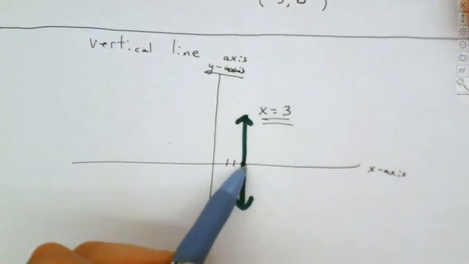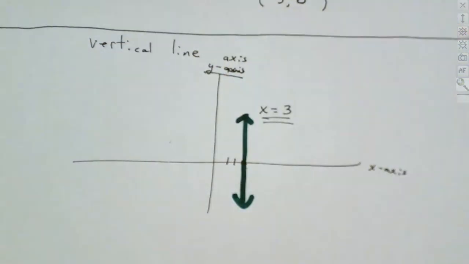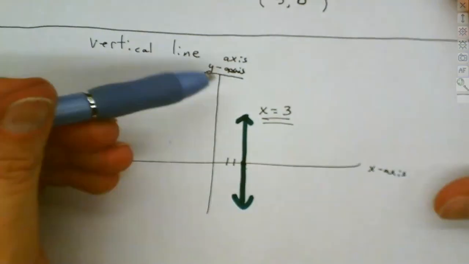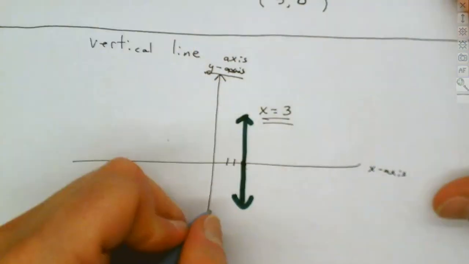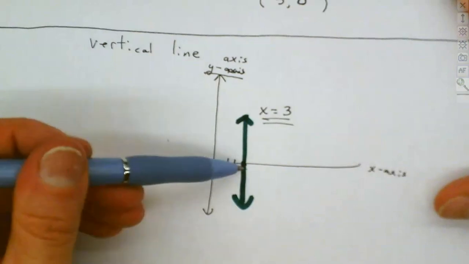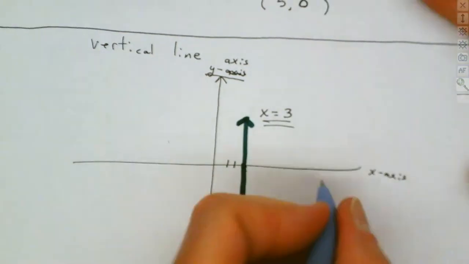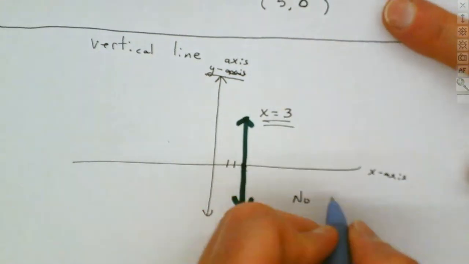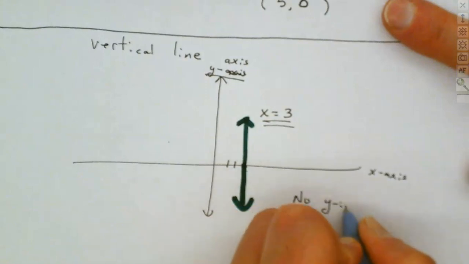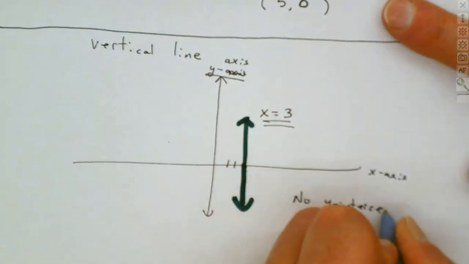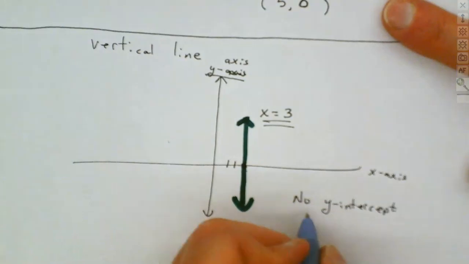Does this line ever cross the y-axis over here? No, it doesn't, does it? Because it's a vertical line, it has no y-intercept. But what about the x-intercept?